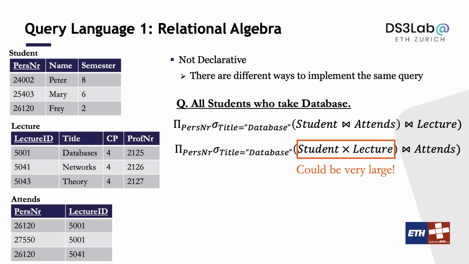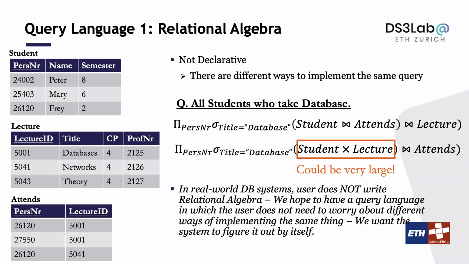The downside is that the database can only do what you tell it to do. If you don't give a good query to the database, it's going to be very slow. That's one thing we do not like about relational algebra, because in the eyes of the user, it's not really declarative.